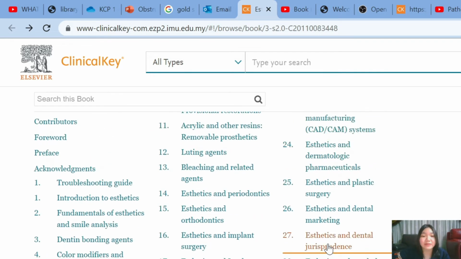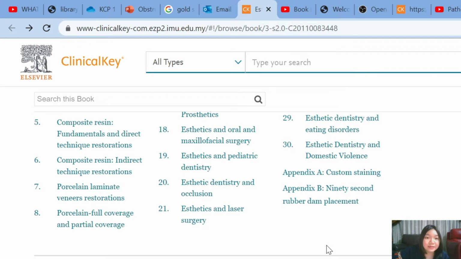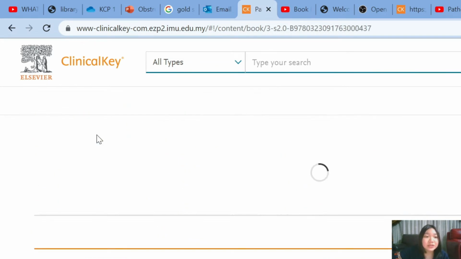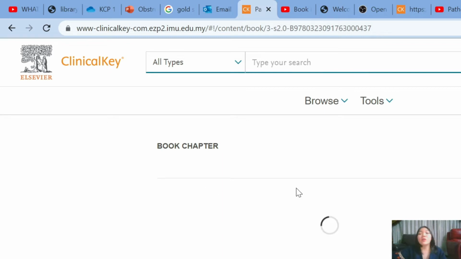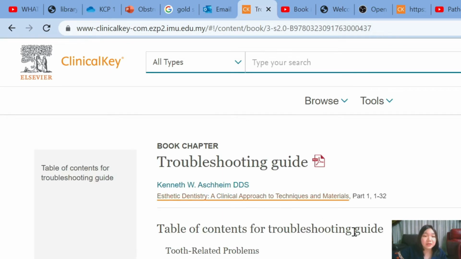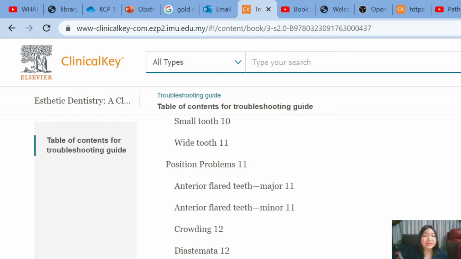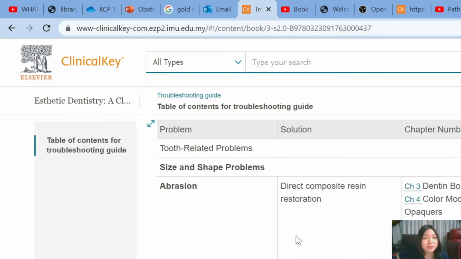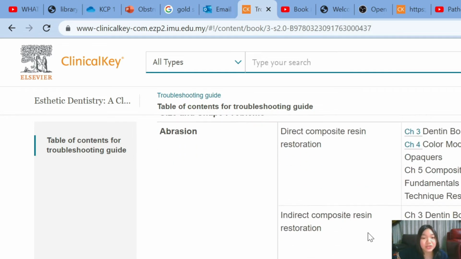There are 30 chapters in this book, and I'm going to start with the troubleshooting guide. The troubleshooting guide is the part I like the most about this book because it actually saves us a lot of time. For each problem that we face, for example tooth-related problems, there are solutions suggested.